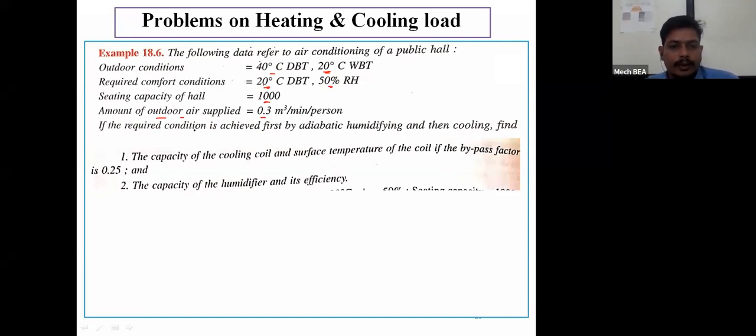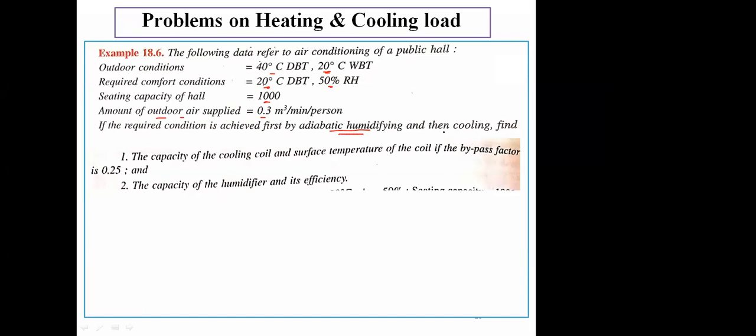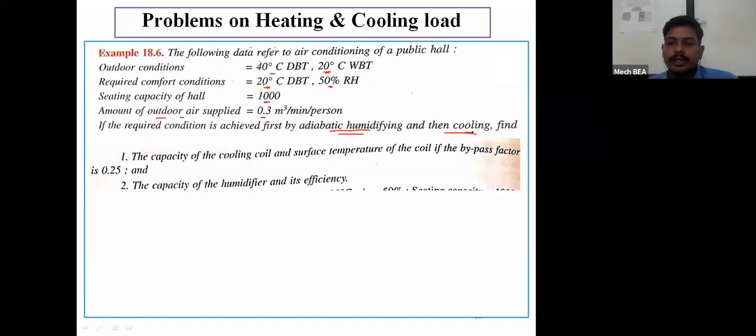Okay. If the required condition is achieved, there also it is directly mentioned how we achieve the required condition: first by adiabatic humidification. Adiabatic humidification means which process? Cooling and humidification process. Adiabatic humidification, and then by cooling, then find the capacity of cooling coil and surface temperature of coil, if the bypass factor of coil is 0.25.